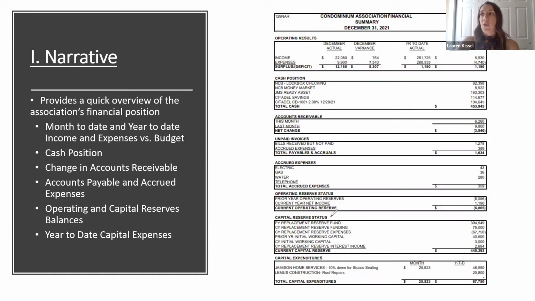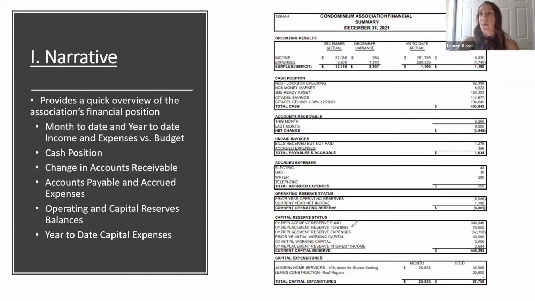The next is the capital reserve status. So this is broken down into a few different categories. It shows you what your prior year replacement reserve fund balance was, your current year funding, so the money that you put towards the reserve account for the year, your current year expenses, which are actually summarized in the next section.